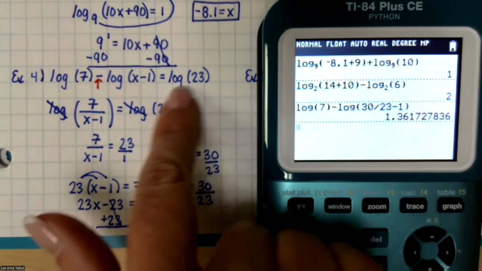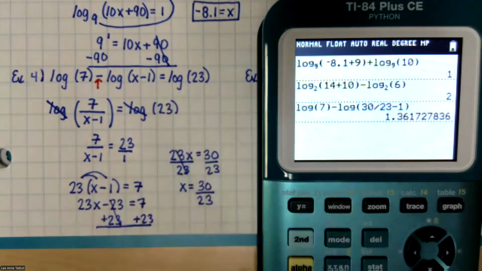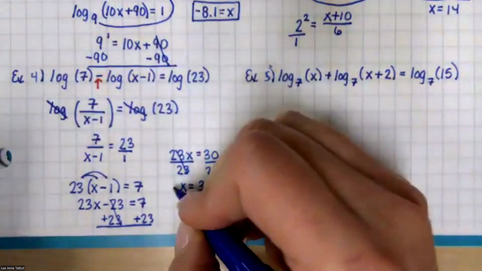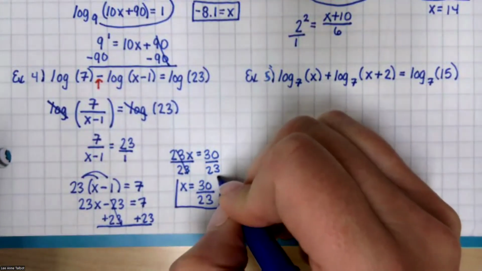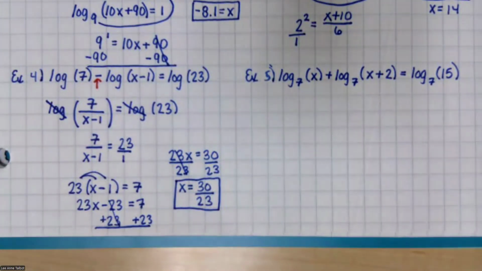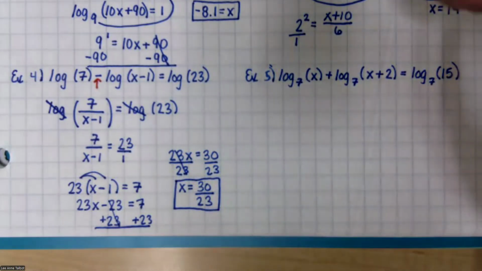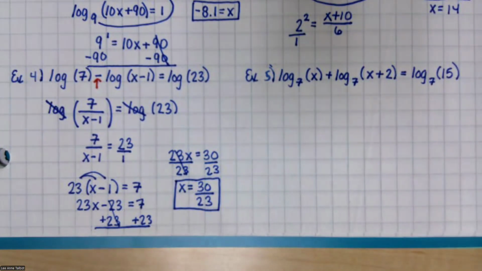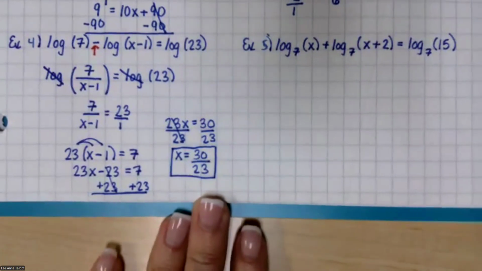But what do I want it to equal? I also have to do the other side, log 23, and make sure they match. And they do match. Now you're starting to think I'm a liar, and you're like, Mrs. Talbot, there's not actually extraneous solutions to these, you're just telling us that to make us check our solutions. No, I promise you there are extraneous solutions waiting for the last problem.